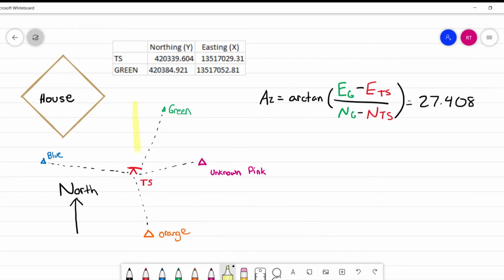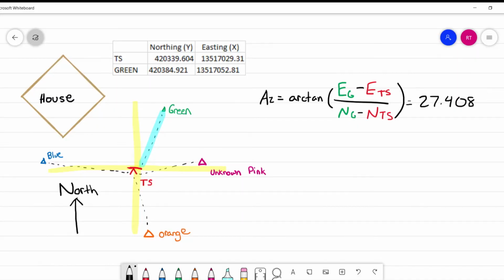Remember, we are working in a quadrant system, so when we draw in our quadrant lines, we can see that the point is going in a northeast direction, meaning that both the northing and the easting are positive. So when we calculate our azimuth, it's also going to be positive.